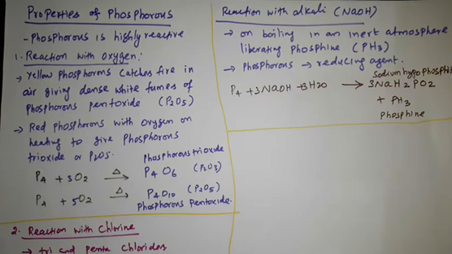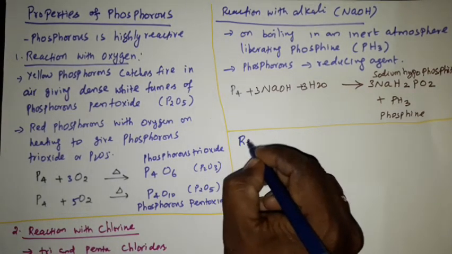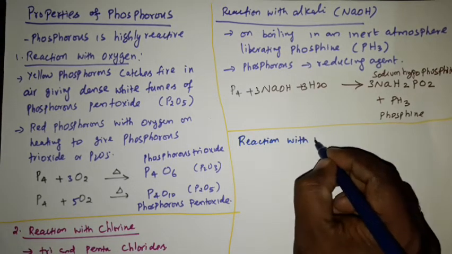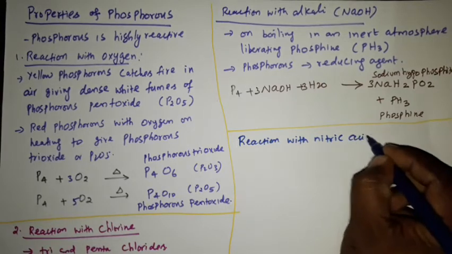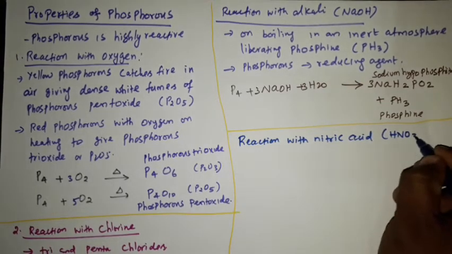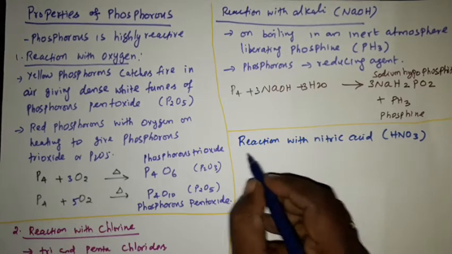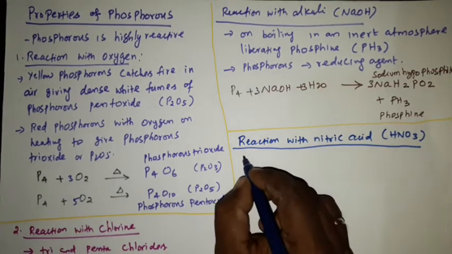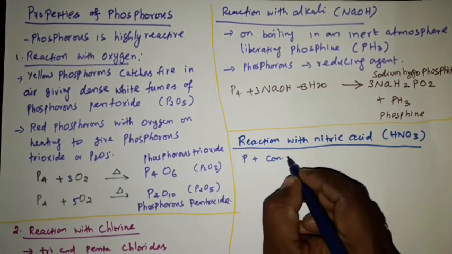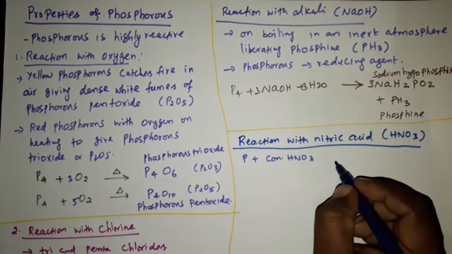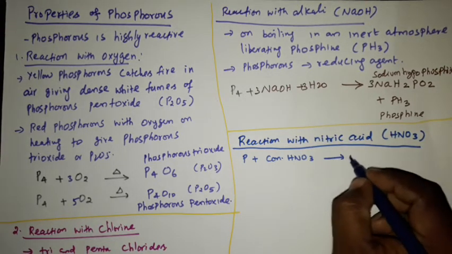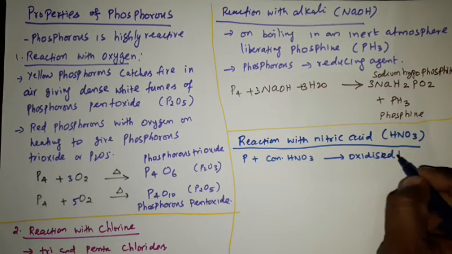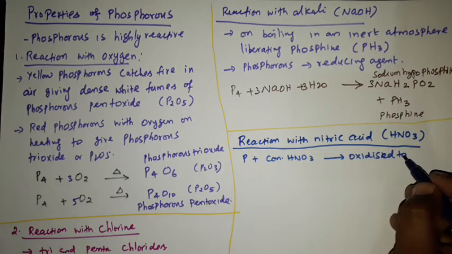Next reaction is reaction of phosphorus with nitric acid. Nitric acid formula is HNO3. When phosphorus is treated with concentrated nitric acid, it will be oxidized to phosphoric acid.